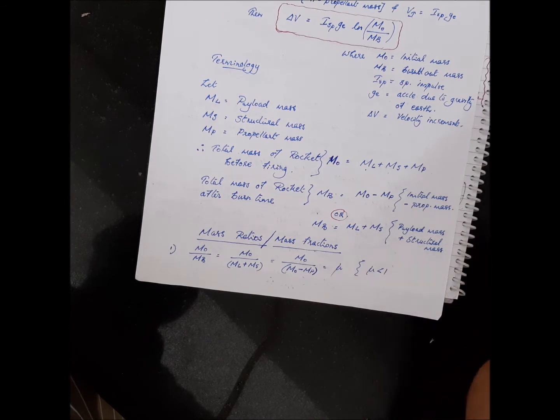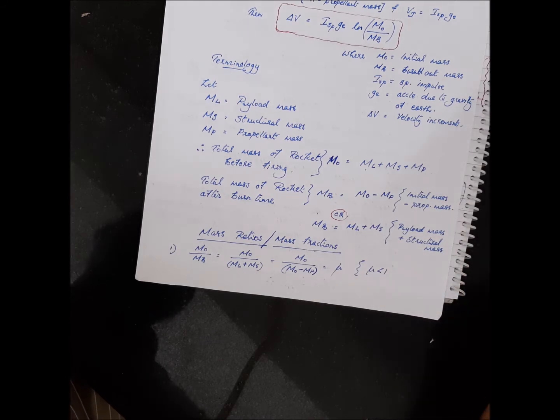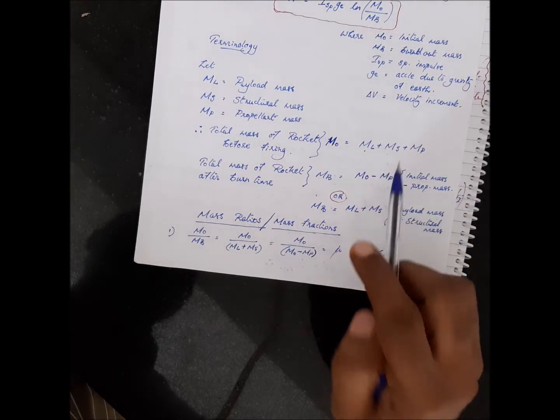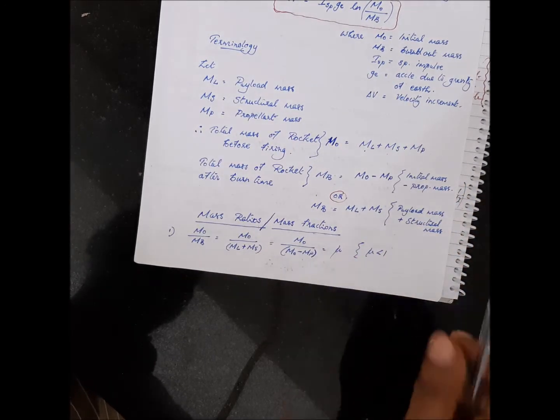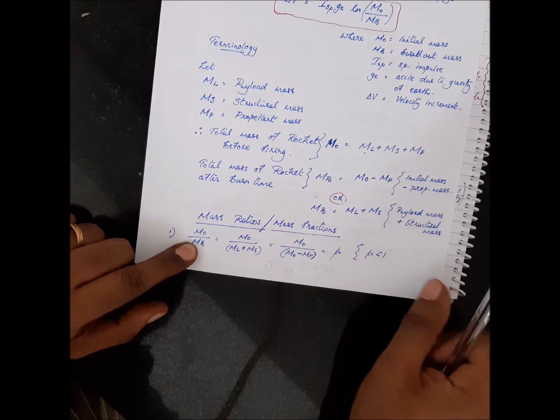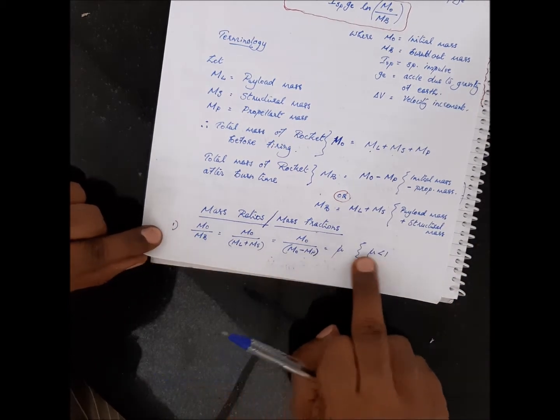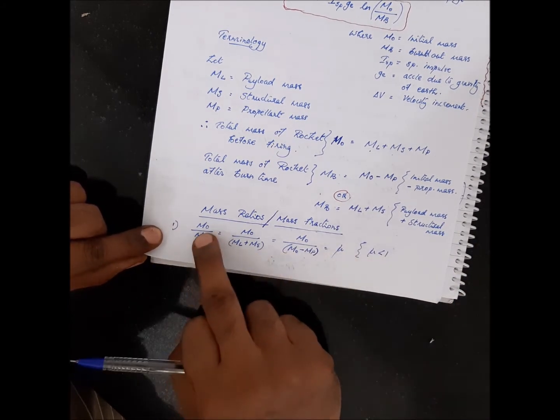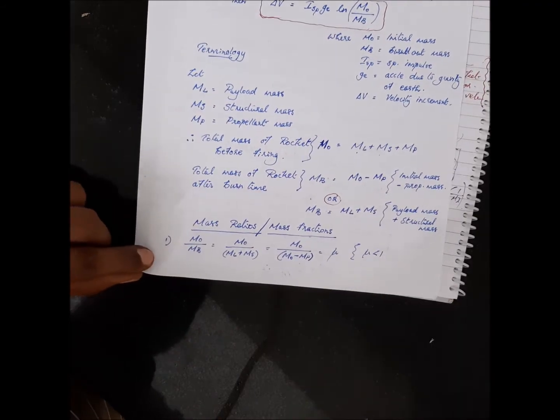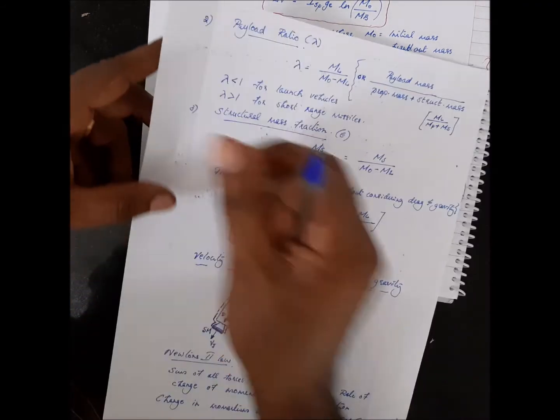So later on, if you want to refer to any other textbooks for deep information, this will be handy. So your mass fraction mo by mb I'm going to represent with mu. So that is the mass fraction.